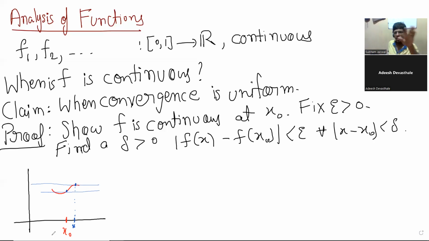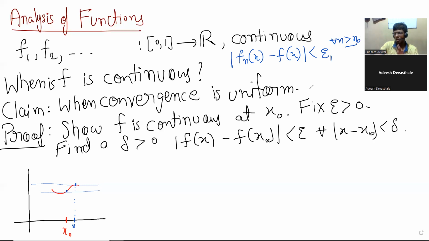Okay. The fn is uniformly convergent to f. So if I just write what that means, it means that |fn(x) minus f(x)| is less than any epsilon you want. You can get this for all n bigger than some n naught.